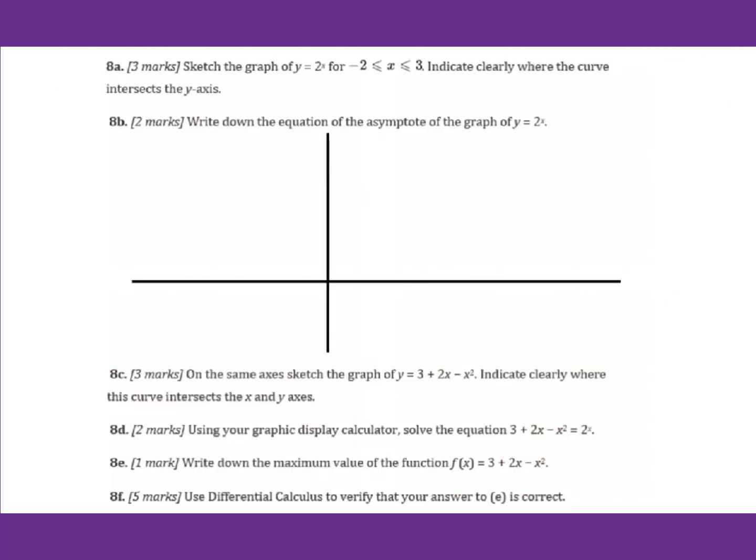Let's go to 8a. Sketch the graph of y equals 2 to the x for x greater than or equal to negative 2 and less than or equal to 3. Indicate clearly where the curve intersects the y-axis. If you go to graphing calculator, then you will figure out when x equals negative 2, you will get 2 to the negative second power, that's 0.25.